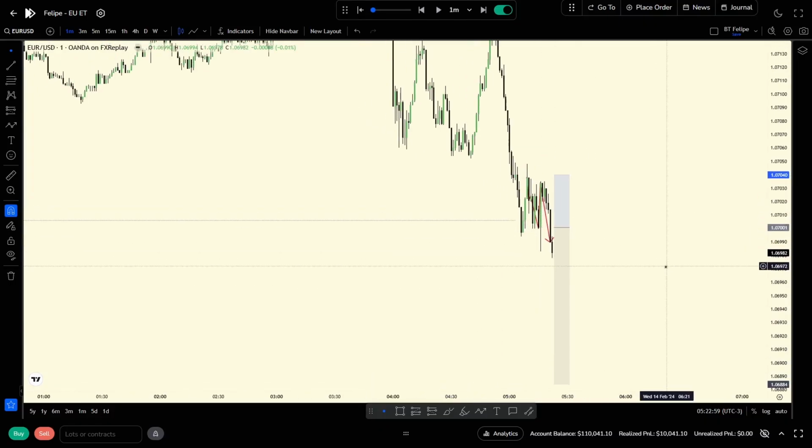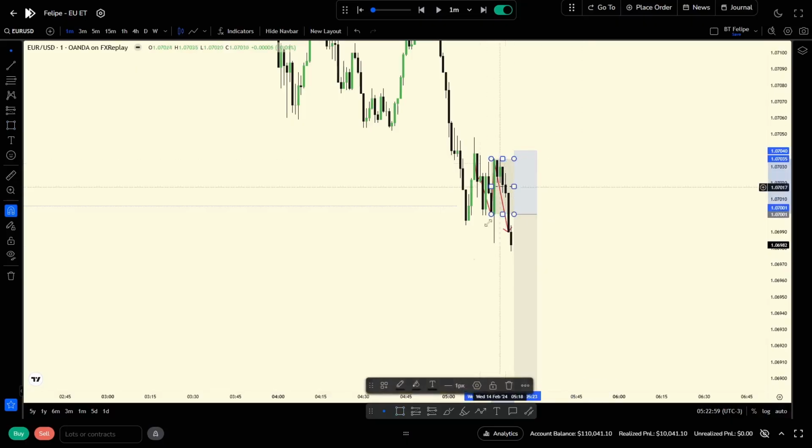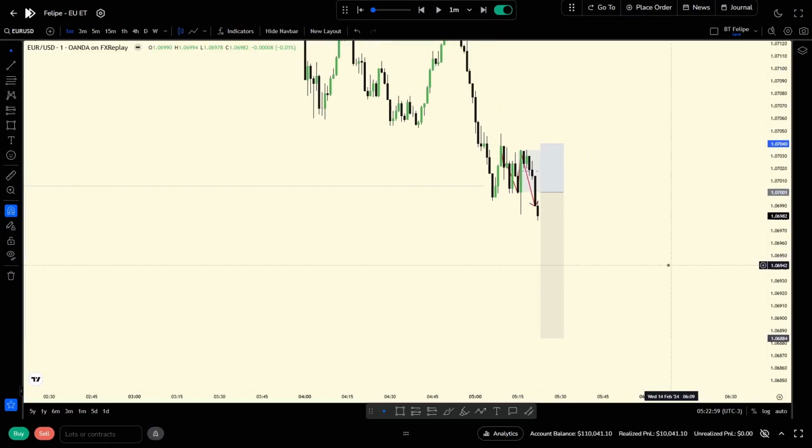I will skip this one just because of the break of structure. But this is the drawing that we want to see. Something like that.